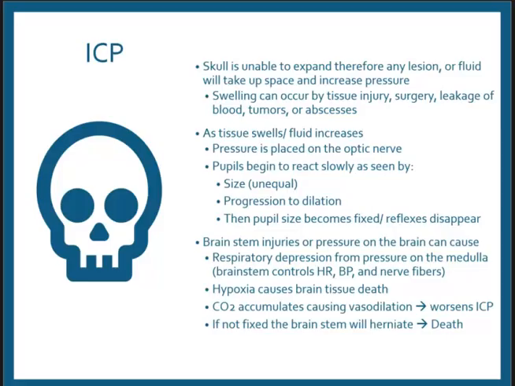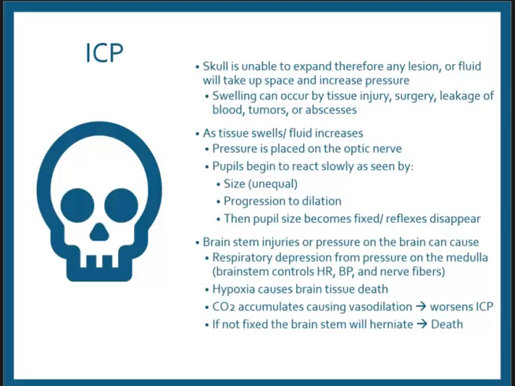Hypoxia is going to lead to tissue death throughout your brain and your body. CO2 is going to accumulate, causing vasodilation, and that's going to further increase intracranial pressure. That's that oxidative stress situation. If not fixed, the brain stem will herniate, and that will cause death. Now, when we say herniate, that means that the brain, or that brain stem, is being shifted into one section.